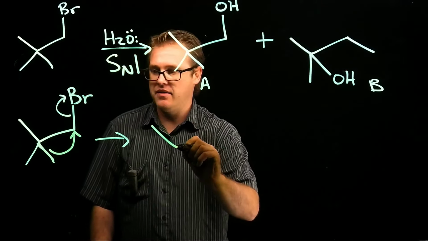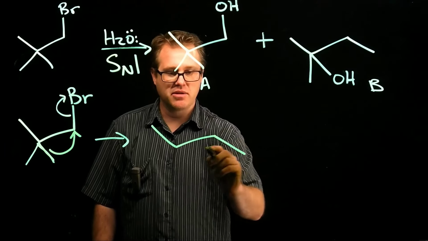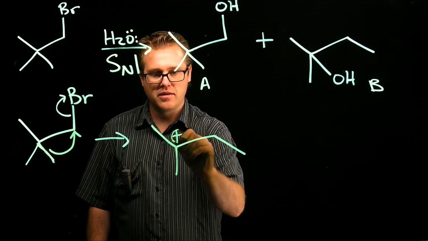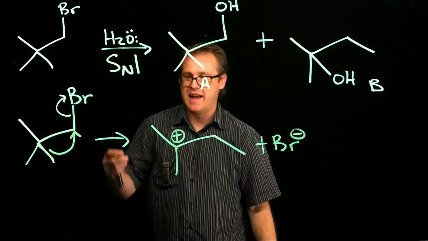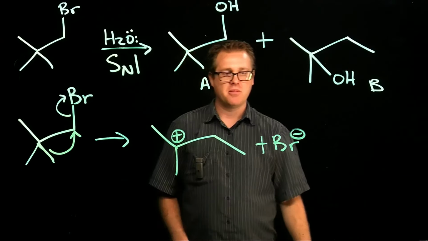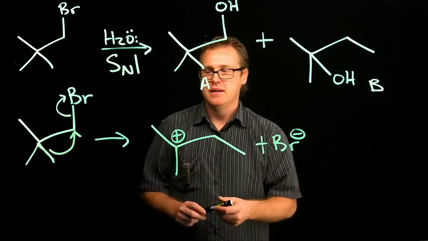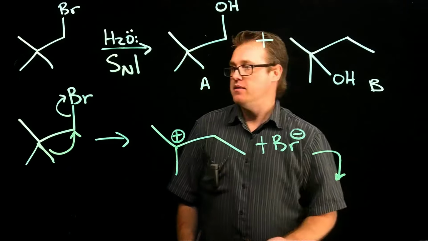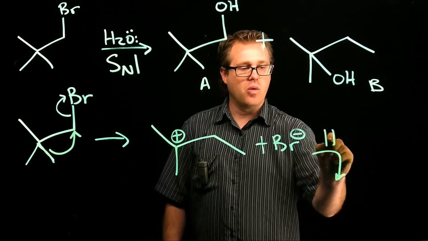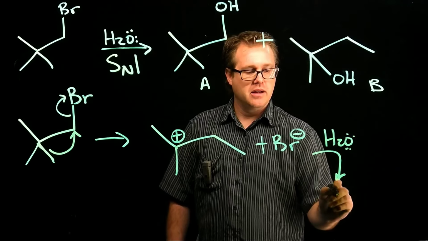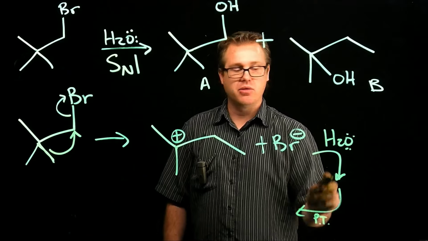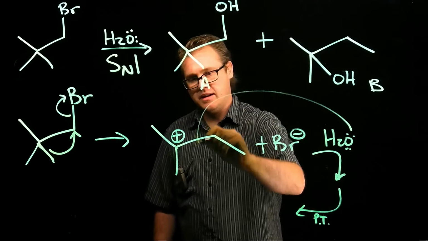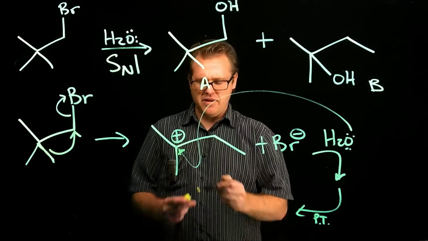And so that's going to give us this species right here, because we know we cannot generate primary carbocations. And now we can add our water here and then do a proton transfer step to get us to our product.